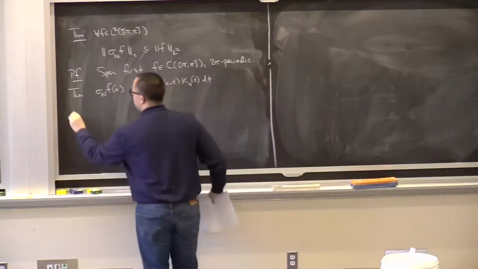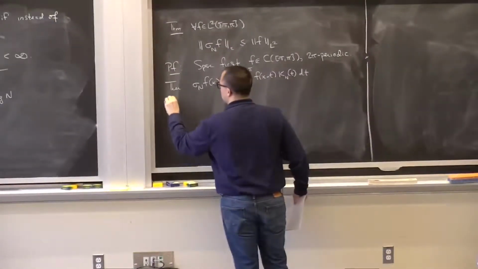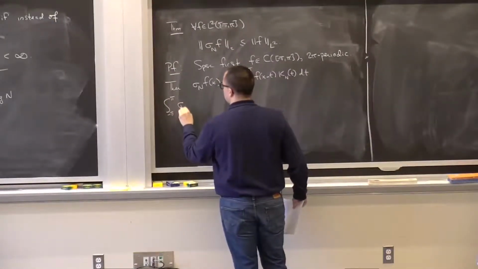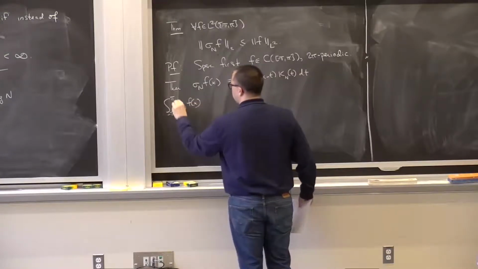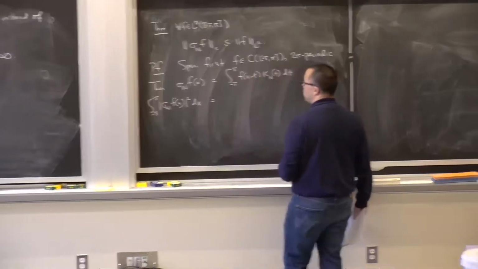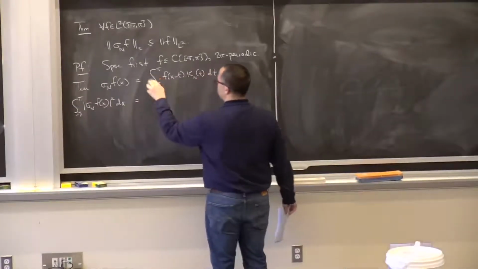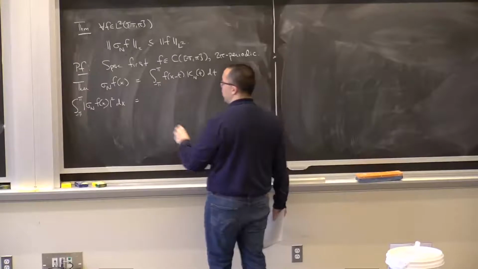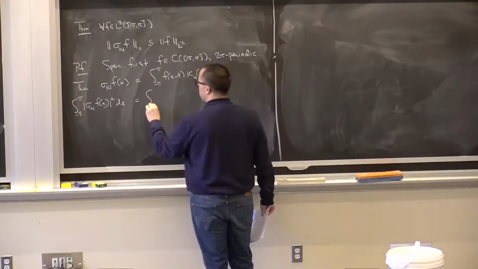And so if I compute the integral of sigma n f of x squared dx, this is equal to, so each one of these is equal to an integral over minus pi to pi, so I'm going to have 3 integrals.